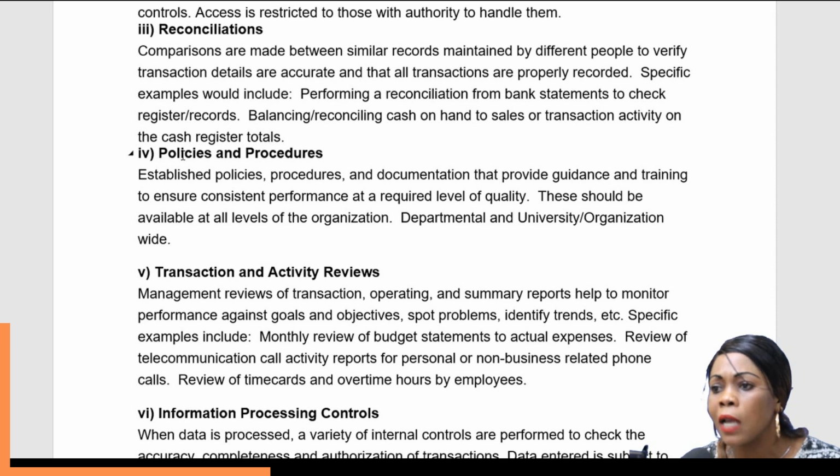Okay, so these are different people performing similar records. They verify the details and make sure that the details are accurate and properly recorded.